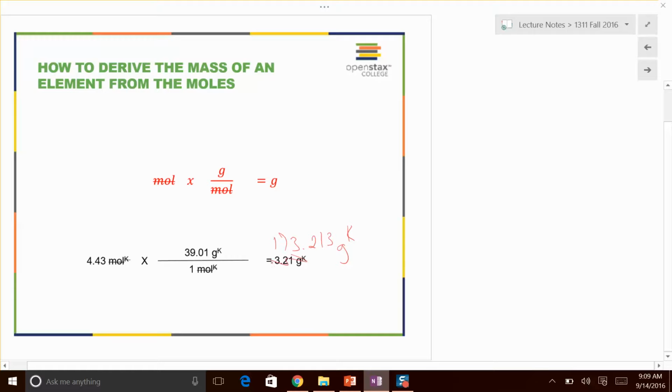Okay, 173.213 grams of potassium. That's how many grams of potassium it is.